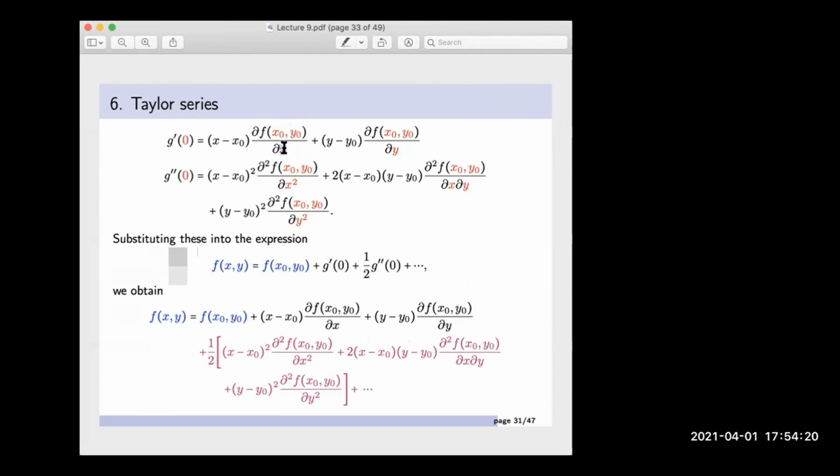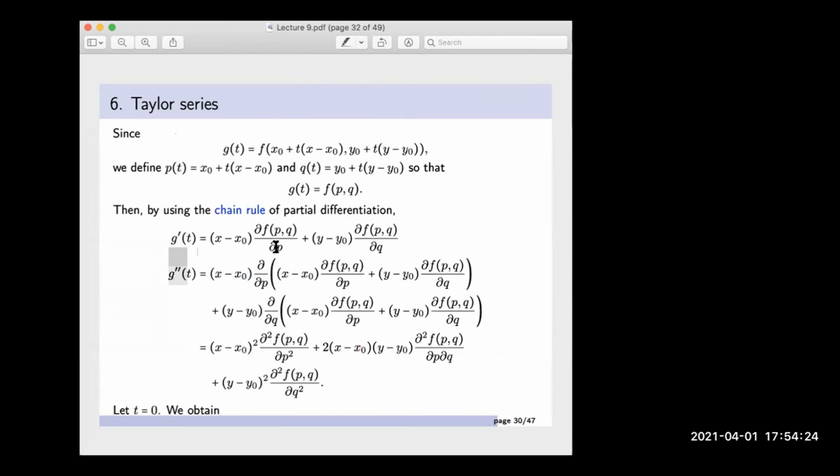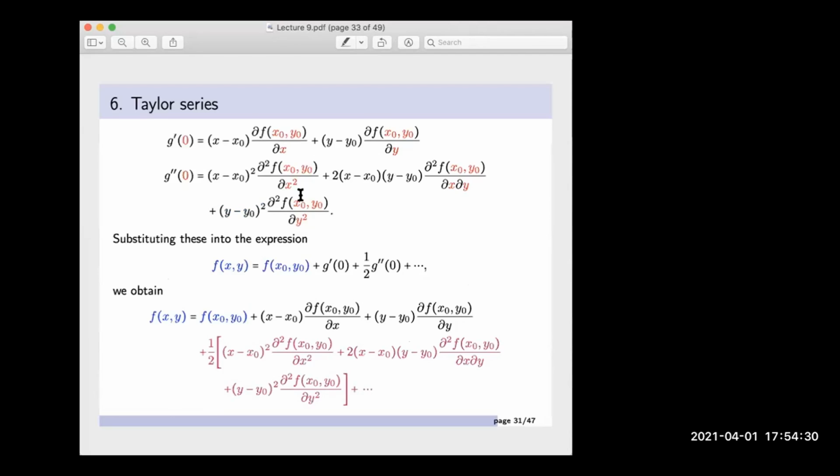And initially you have the partial derivative with respect to p, but this is the partial derivative of the first variable here. We simply write this as the partial derivative in x. That's just a change of notation. Nothing changed, only notation. So this partial derivative in x represents the derivative in the first variable here. So p and q become x0, y0.